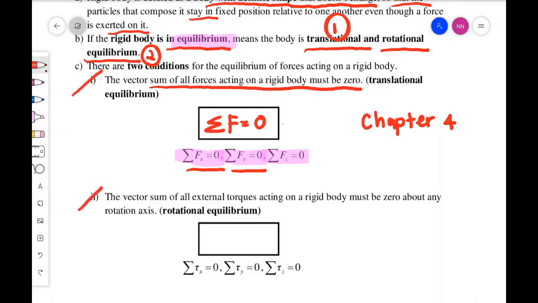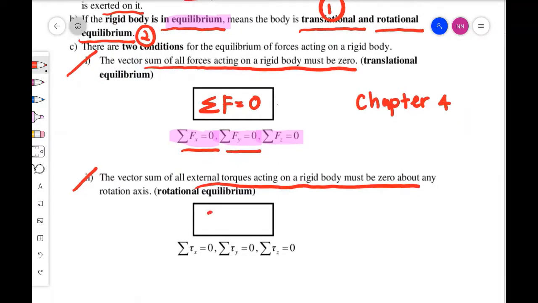Condition yang kedua adalah rotational equilibrium. Okay, apa tu rotational equilibrium? Rotational equilibrium is the vector sum of all external torque acting on a rigid body must be 0. So, net torque equals 0. Okay.